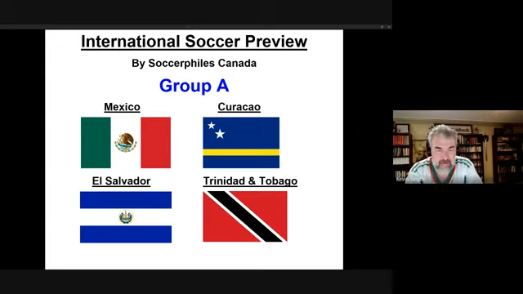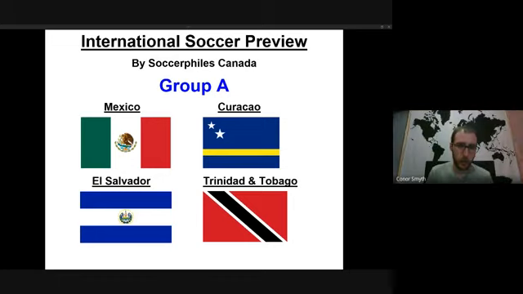Right. The next team is El Salvador. They actually hosted the inaugural CONCACAF Championship in 1963, where they were runners-up. They were also runners-up in 1981, but have not made it to the Final Four in the post-1991 Gold Cup era. Third is Curacao.